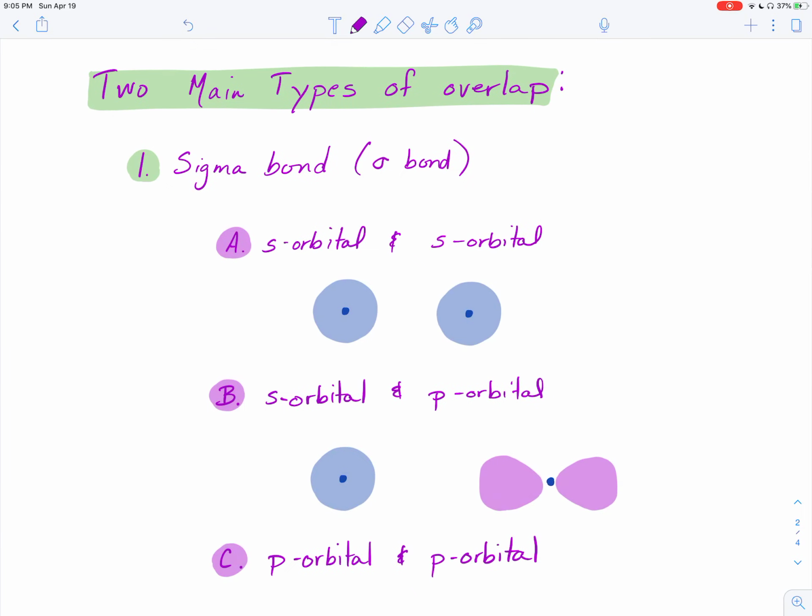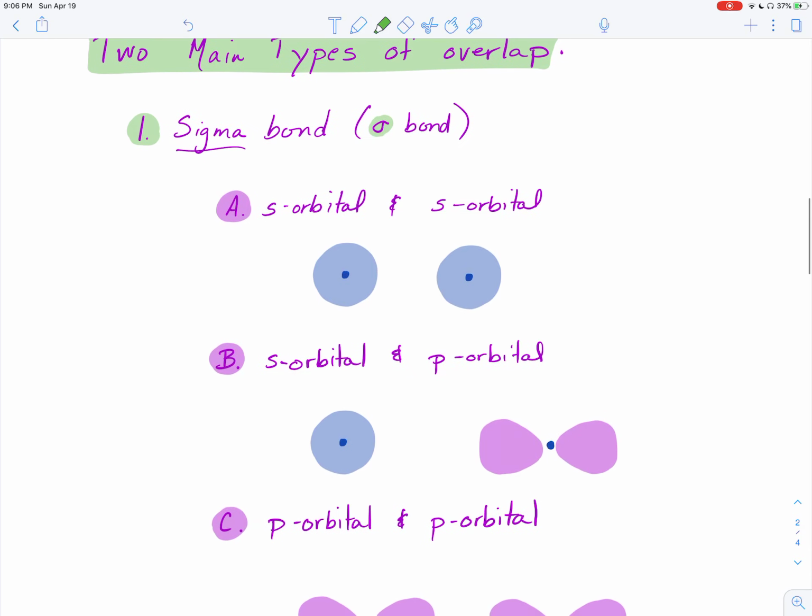So let's look at the two main types of atomic orbital overlaps. The first kind of overlap is what we call a sigma bond. For a sigma bond, you can write out the word or you can use the little Greek symbol that I have written here. A sigma bond can happen in one of three ways.